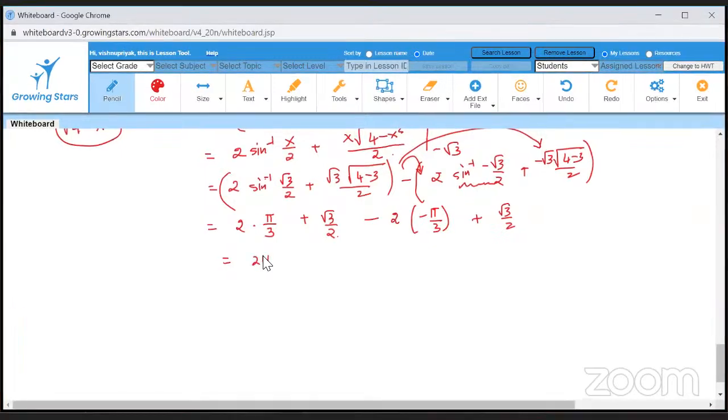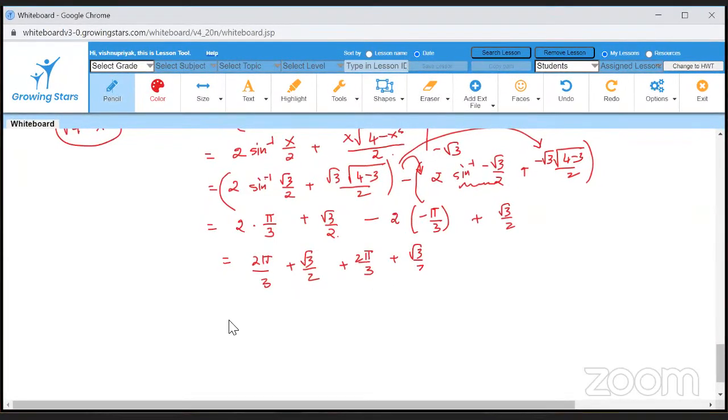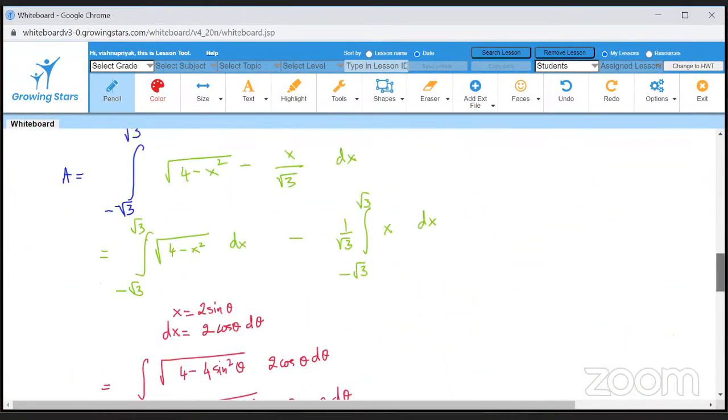So 2 pi by 3 plus root 3 by 2 plus 2 pi by 3 plus root 3 by 2 is 4 pi by 3 plus 2 root 3 by 2, which is root 3. This is the answer for the first integral.